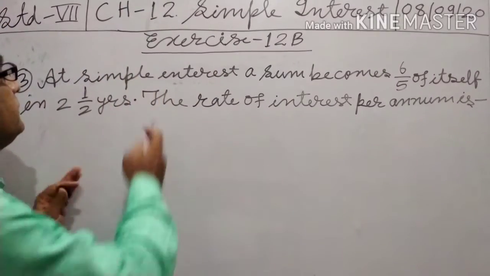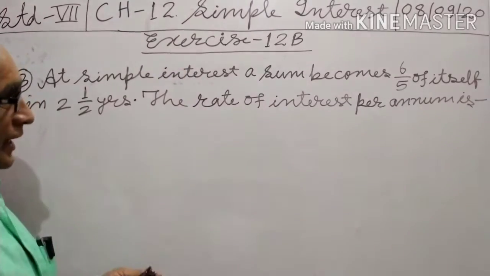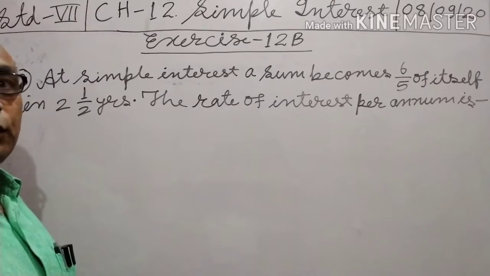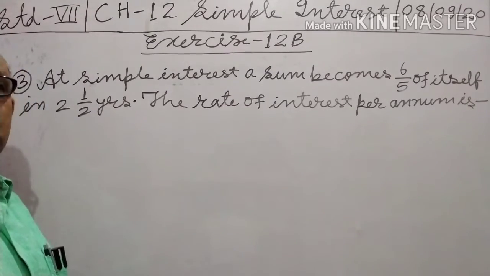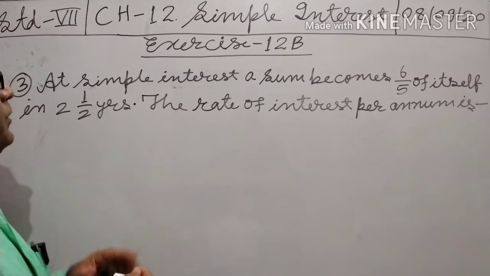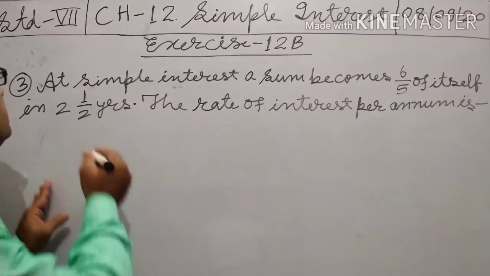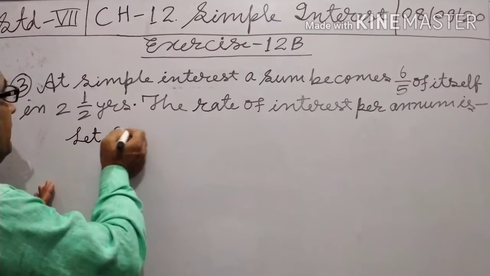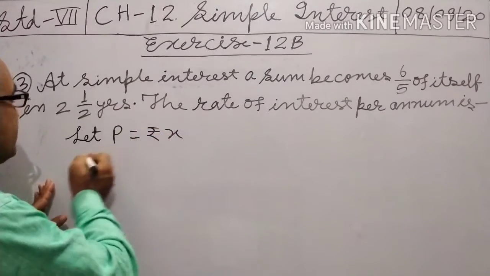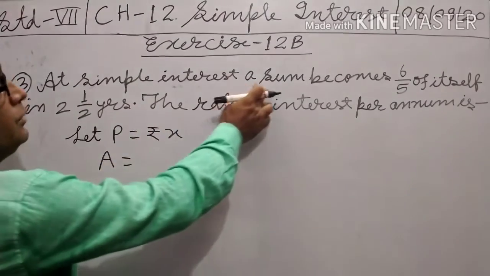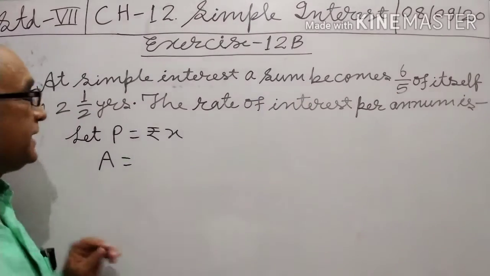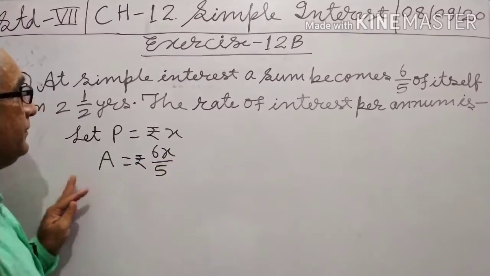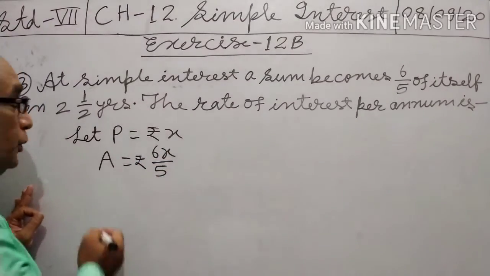At simple interest, a sum becomes 6 by 5 of itself in 2 or 1 by 2 years. The rate of interest per annum is. In this question we have to find rate R. So let P equal to rupees X. So A equal to sum becomes 6 by 5 of itself, so rupees 6x by 5 in 2 or 1 by 2 years.